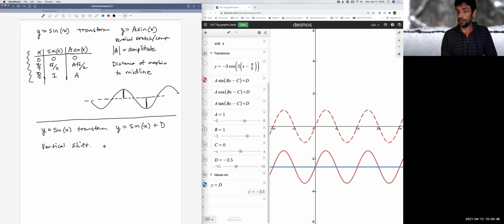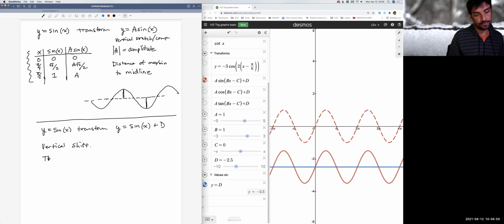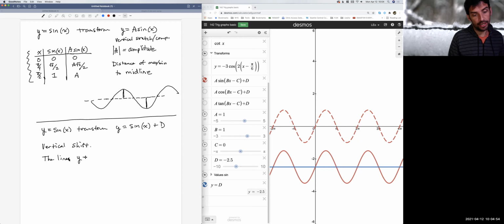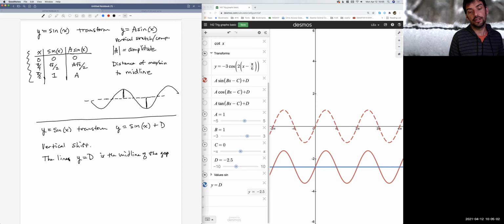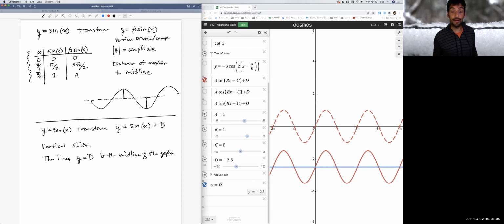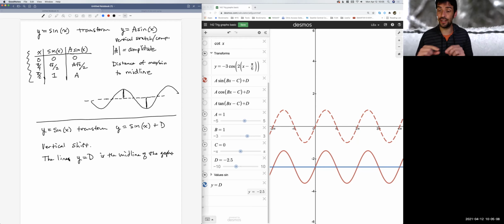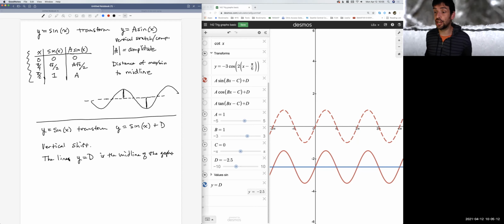What's really important in particular for sine and cosine is the line y equals D is the midline of the graph, right? And so if we know the amplitude from the A value and the midline from the D value, you can draw that midline and you know how far up and how far down it goes.